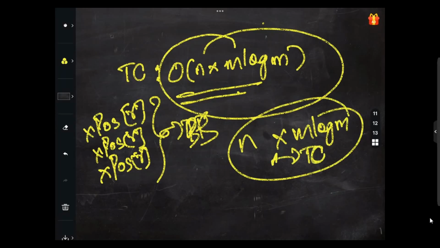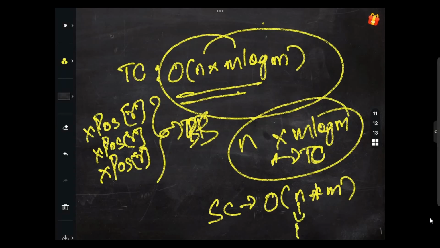What would be the space complexity here? Space complexity would be big O of n into m. N is nothing but the rows and m is nothing but the columns. The space complexity is big O of n into m because we are storing all the positions and the prefix array. The prefix array part you will come to know when we write the code, I assure you.